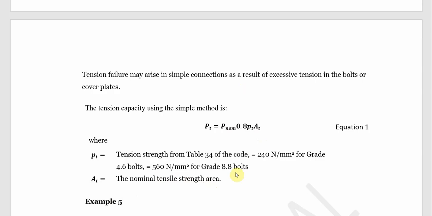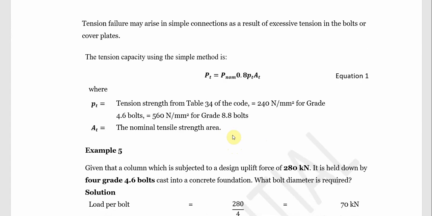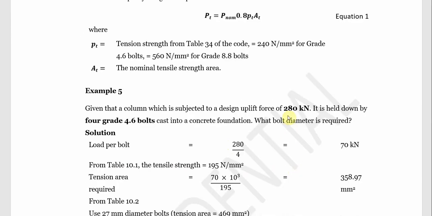So we'll take an example so that we understand what we are talking about in this particular scenario. Given that a column is subject to a design uplift force of 280 kilonewton. It is held down by 4 bolts of grade 4.6 into a concrete foundation.